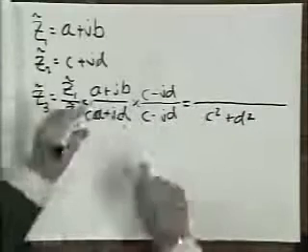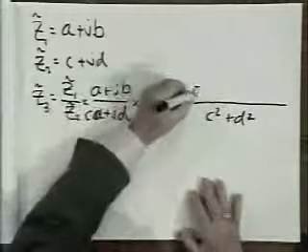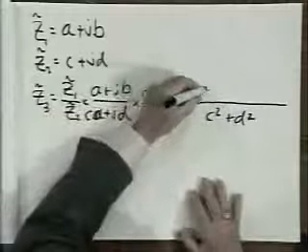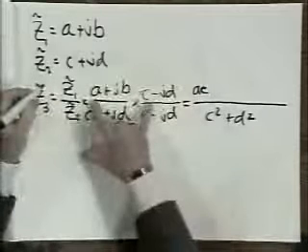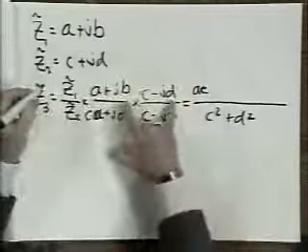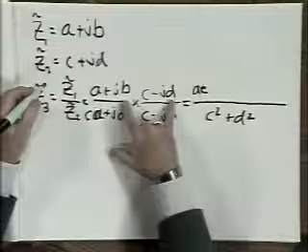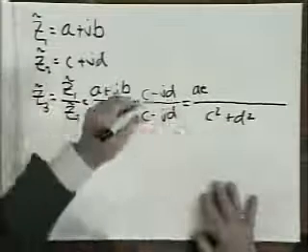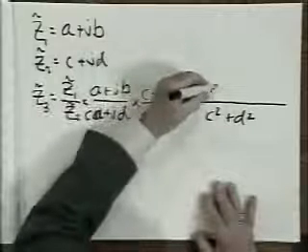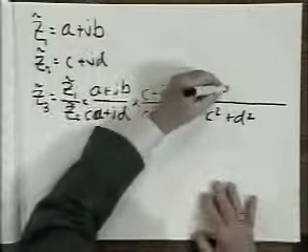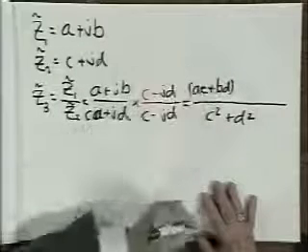And in the numerator, I have, for real parts, A times C from this cross product. From this cross product, it's BD times minus J squared. Minus J squared is plus 1, so it's AC plus BD is the real part.